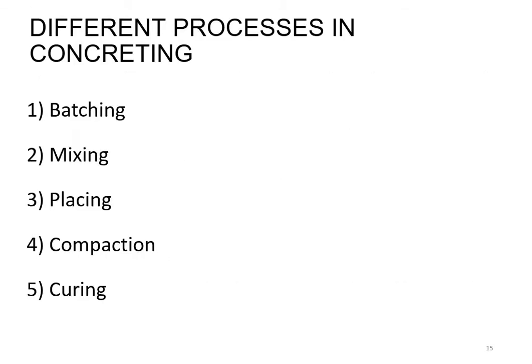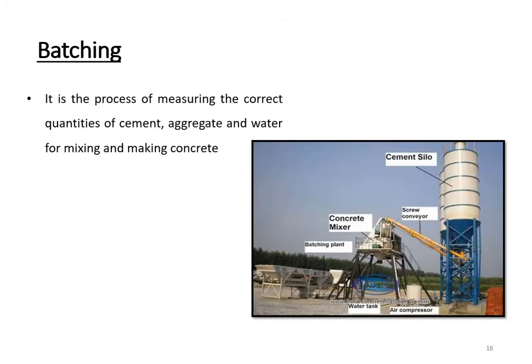So this is not there in your syllabus, but you will have to understand the different processes in concreting. You can just go through it. Okay, first you have the batching operation, that is, depending upon the grade of the concrete which you want to adopt for a particular construction site, you mix up the ingredients in a batching plant.